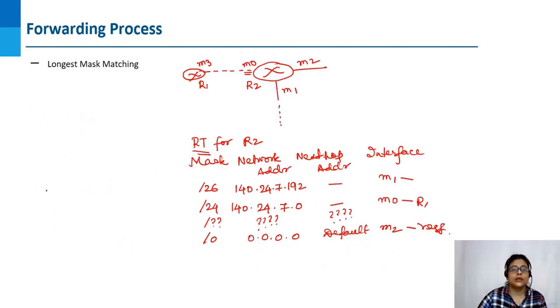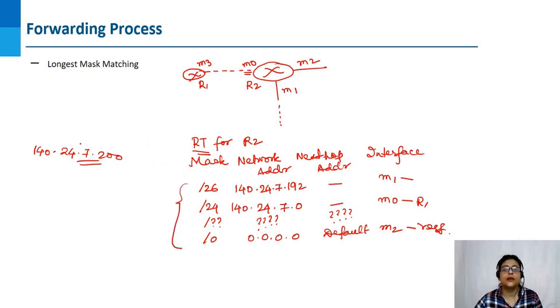Here we said that the destination is 140.24.7.200. Now, longest mask matching means it is properly reordered, as the longest mask should be at the beginning. So /26, then /24, and then the rest.